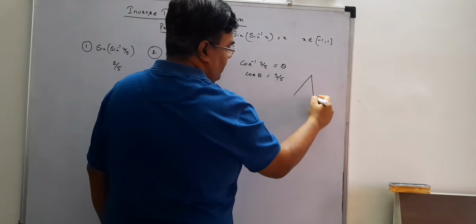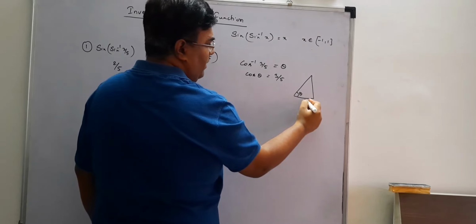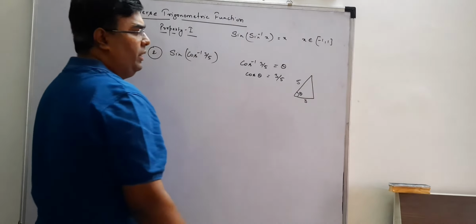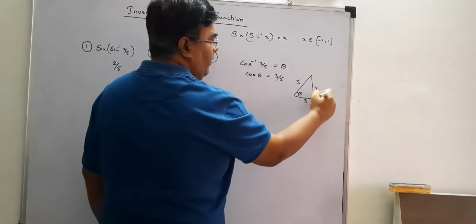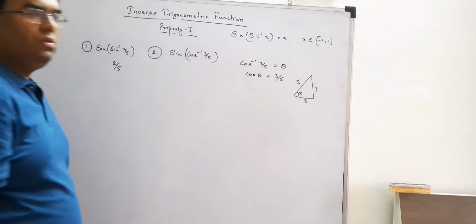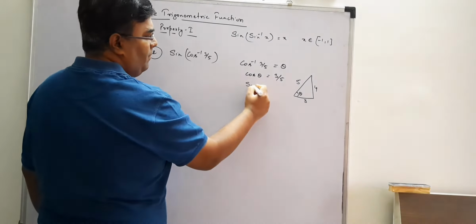Suppose this is my theta, so cos theta is base upon hypotenuse. By applying the Pythagoras theorem, we can find out the perpendicular also as 4. So what will be my sin theta?